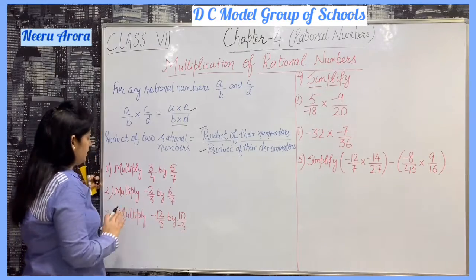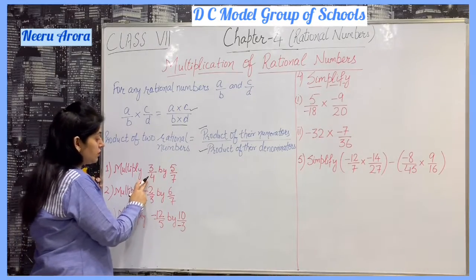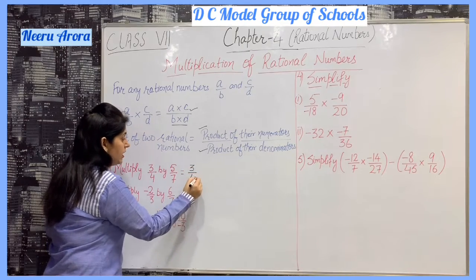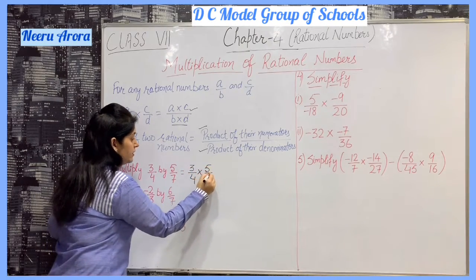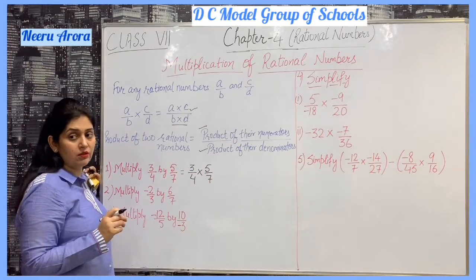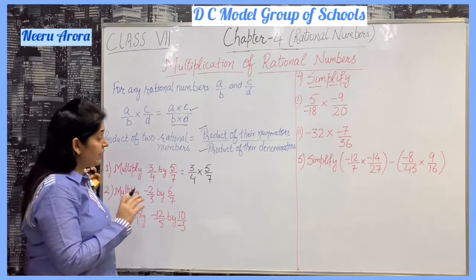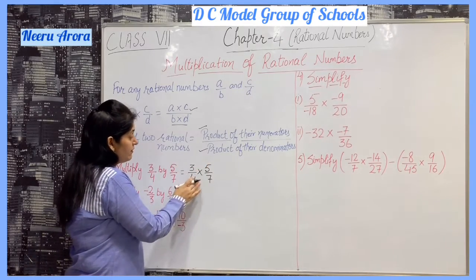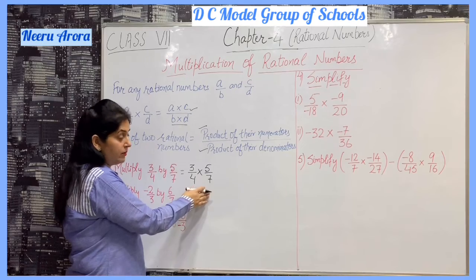So look at the first sum. Multiply 3 by 4 by 5 by 7. We have done the cancellation method in fractions, so we cancel the terms. Is there any common divisor between numerator and denominator?